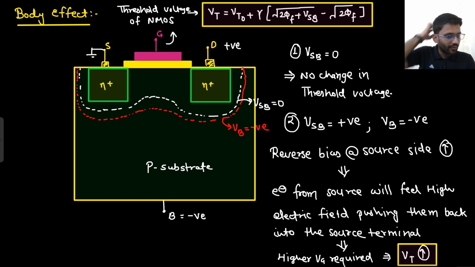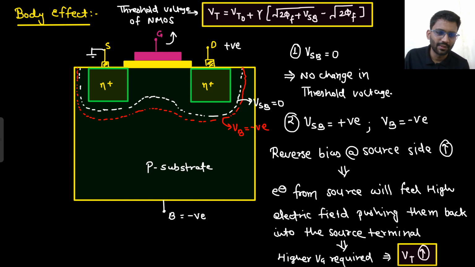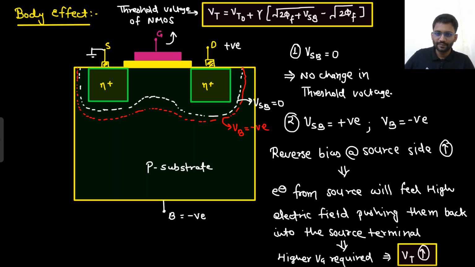Okay. Now we will check for VSB equals negative. The third case is when VSB is negative. VSB is negative, that means your VB is positive now. So if VB is positive, as per the formula, what should happen?